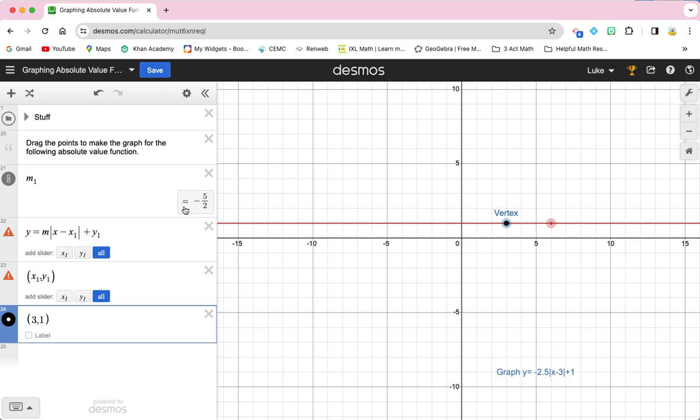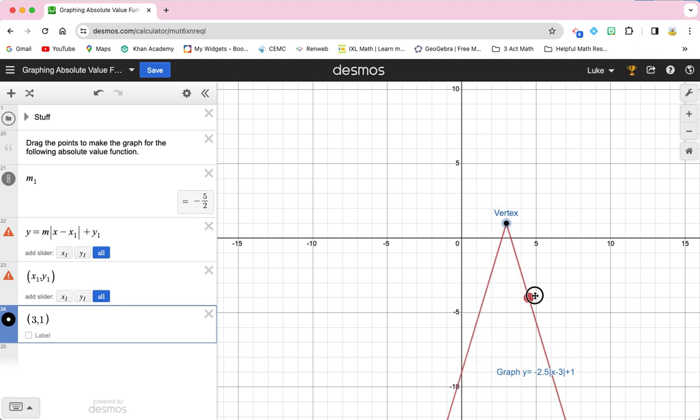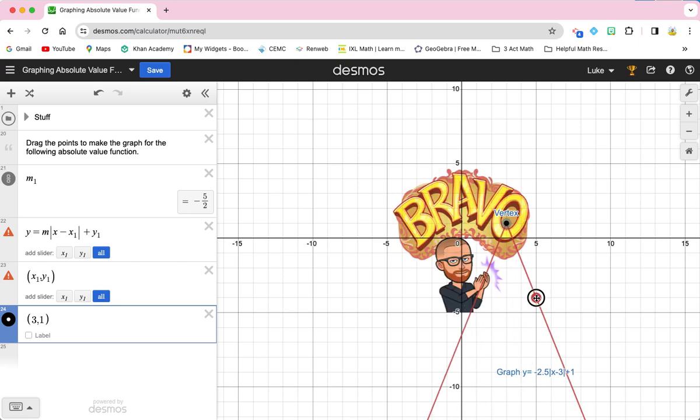And if you think about that as a fraction, that's negative 5 over 2. So that means I have to go down 5. So 1, 2, 3, 4, 5 over 1, 2. There we go. And that's how that works. Again, I want to do negative 5 over 2 to the right. And then to the left, I would do positive 5 over 2 if I was graphing this by hand. And that way it mirrors itself.